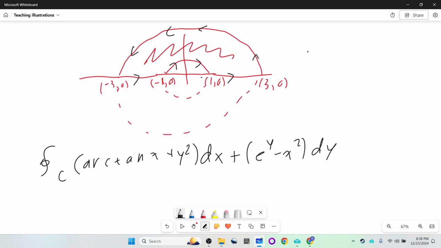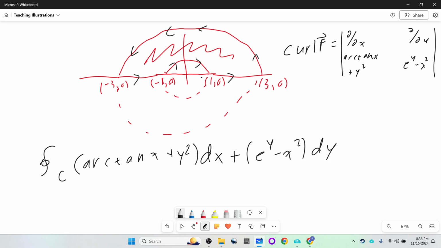All right. So the curl here would be del x, del y, then arctan x plus y squared, and e to the y minus x squared. So we go across, we'll get -2x minus 2y.